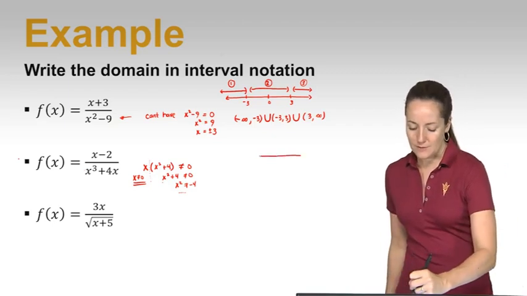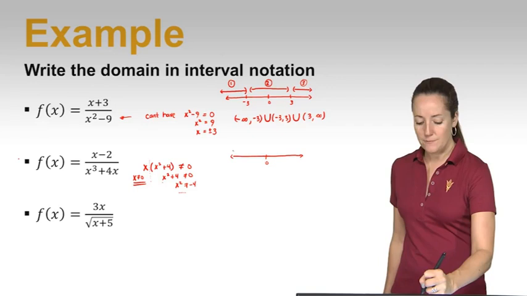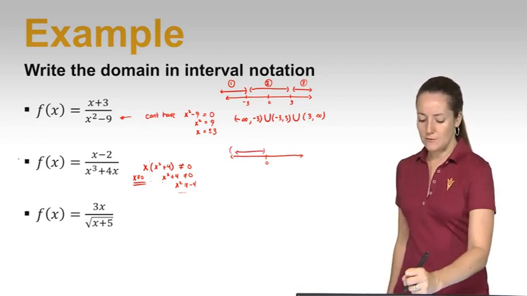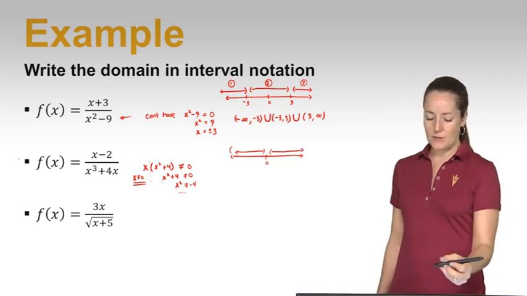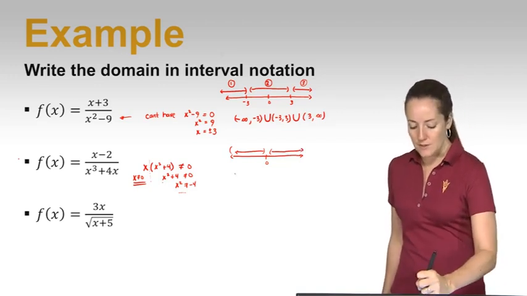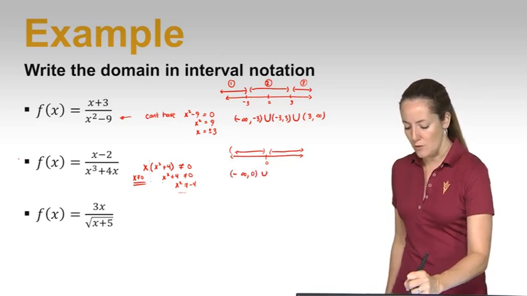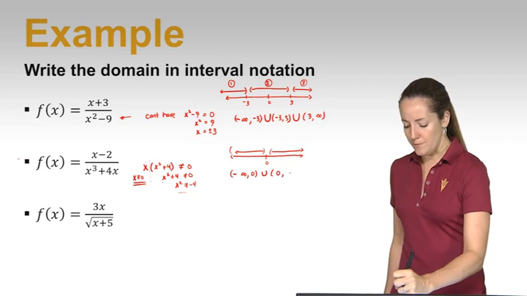So again, maybe to think of this on a number line, well, 0, I want everything except for that. So the things to the left of 0, which go down to negative infinity, and the things to the right of 0, which go up to positive infinity. So that's two intervals, negative infinity through 0, not including 0, along with things starting at the right of 0 up to positive infinity.